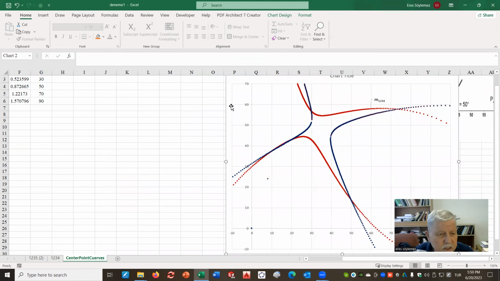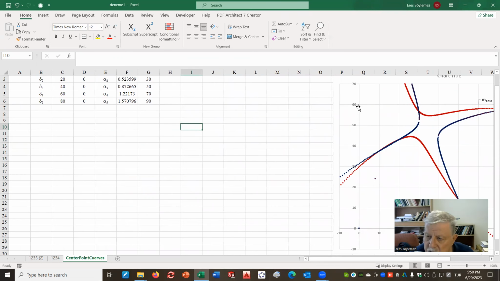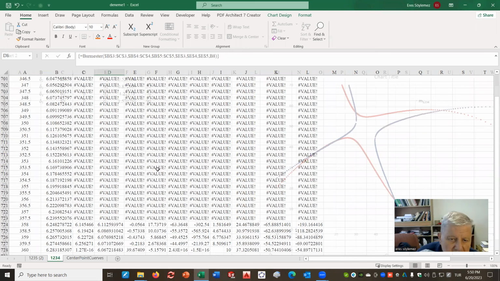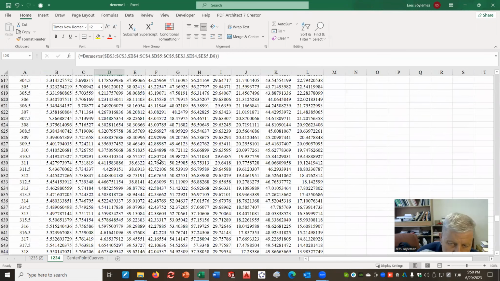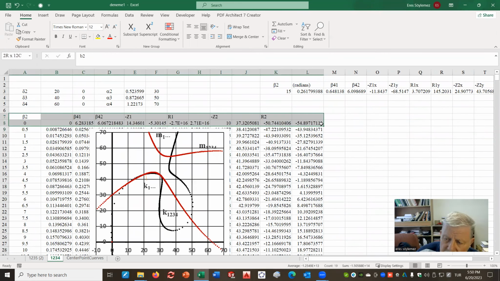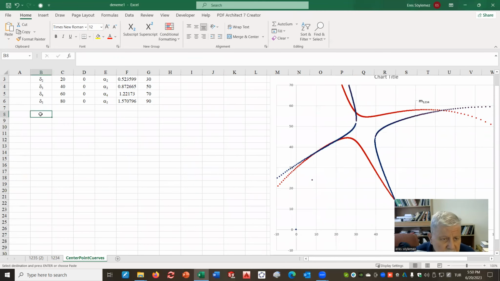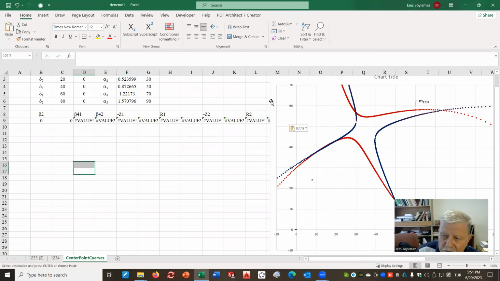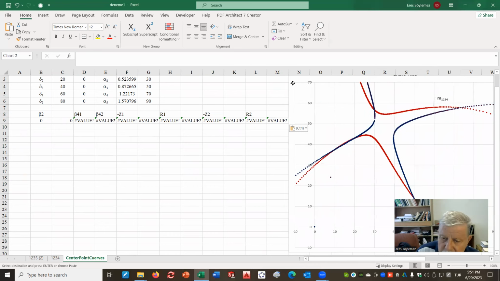Let me move it over here. Now what I'm going to do is I will simply select these two lines, Control C, go over here, Control V. Of course, it is not correct, but let us see.